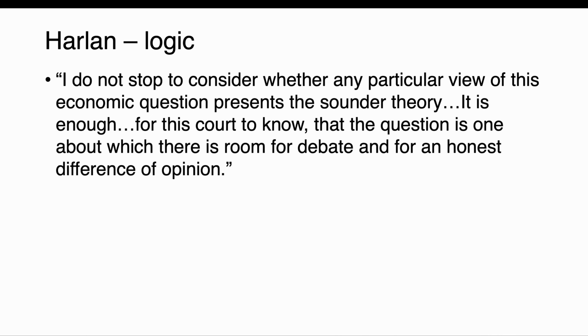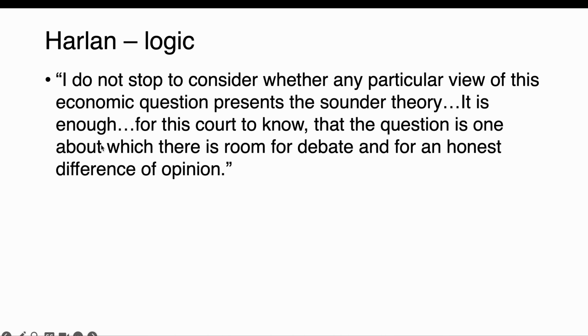This part of Harlan's opinion is directed at Holmes, the one opinion we haven't talked about yet. But Holmes is like, yeah, man, what the court is doing is all politics. There's no law here. The majority opinion just has it in for big business. Of course this law should be upheld because there's no such thing as liberty of contract. Liberty of contract is something that conservatives made up to justify the rich oppressing the poor, right?